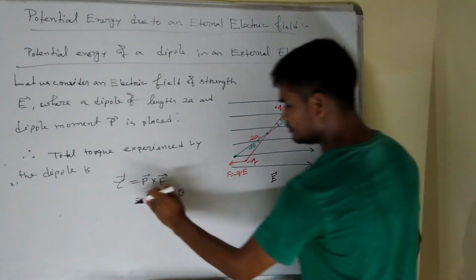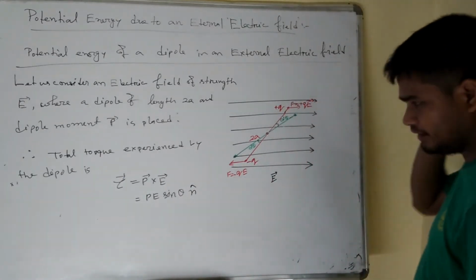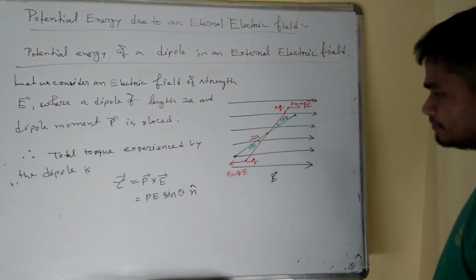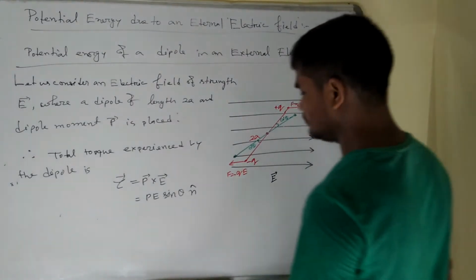So we can write it like this, in vector form, PE sin theta. Clear?